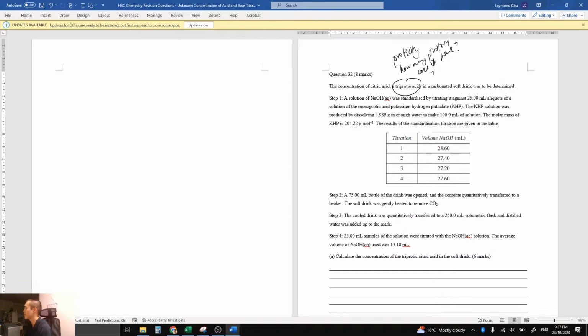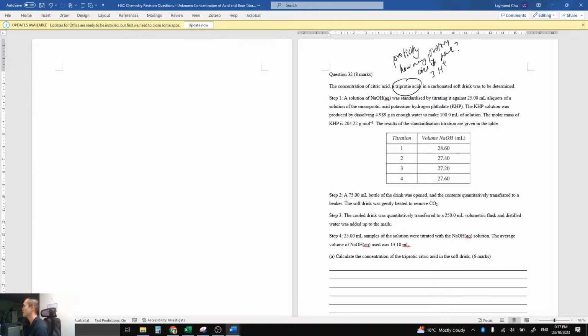Okay, triprotic means 3, so it has 3 hydrogens available to give out. Now, this gets confusing in terms of the strength of it. You don't need to worry about that. All you need to know is it reacts in a certain ratio with 3 hydrogens here. Okay, so this will come in handy when we do the reaction with the citric acid.